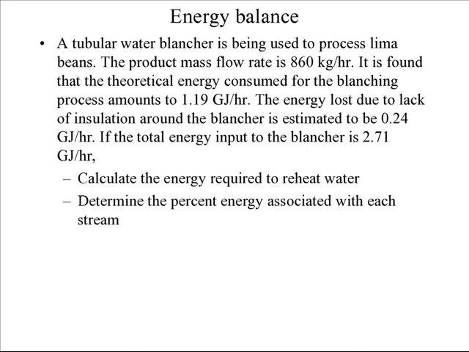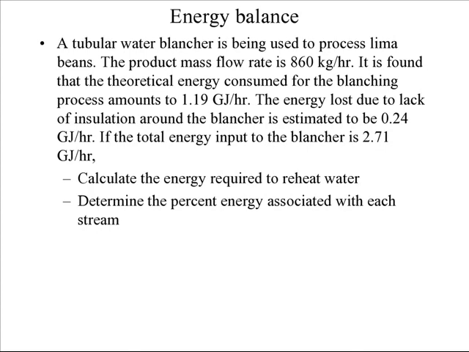The example reads, a tubular water blancher is being used to process lima beans. The product mass flow rate is 860 kilograms per hour. It is found that the theoretical energy consumed for the blanching process amounts to 1.19 gigajoules per hour.